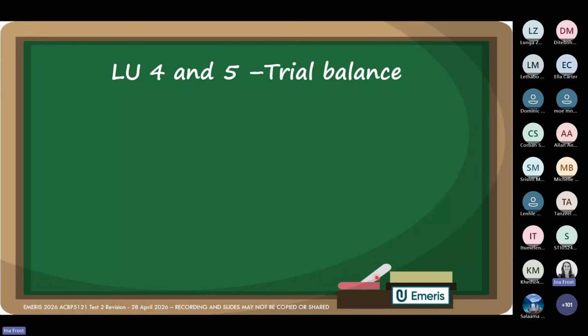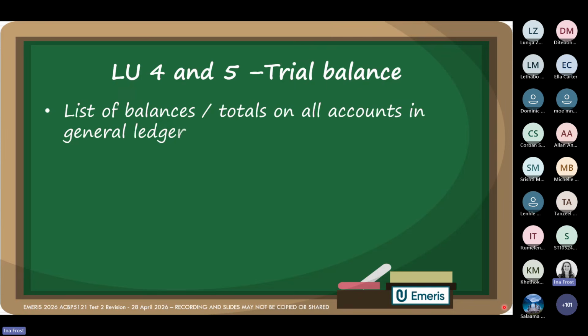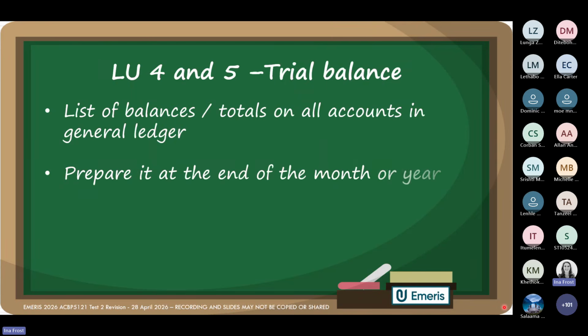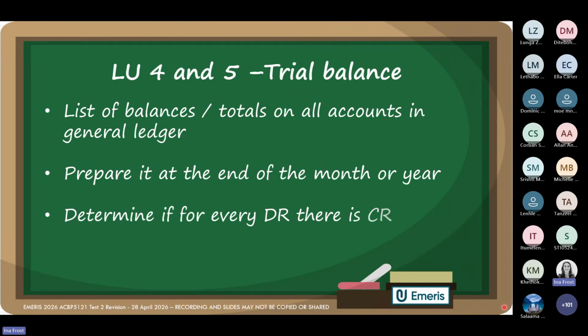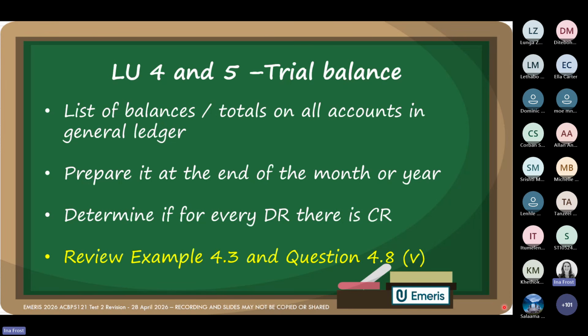Then in learning units 4 and 5, we also deal with the trial balance. So your trial balance is a list of balances or totals on all accounts in the general ledger. So once you've posted your journals to the general ledger, and you have now completed all your general ledger accounts and you've balanced all your accounts, then you take those totals to the trial balance.